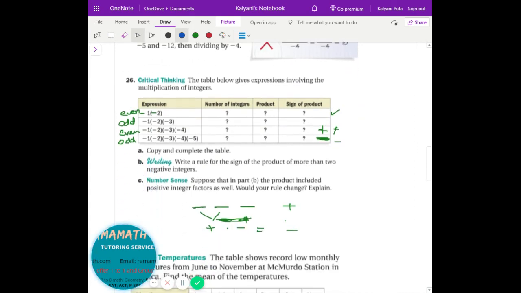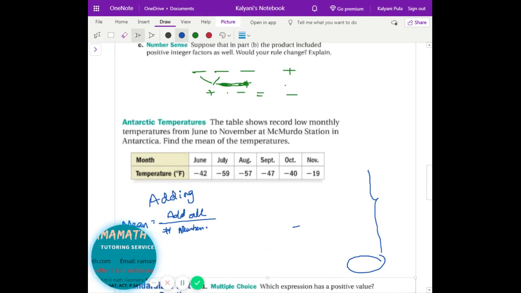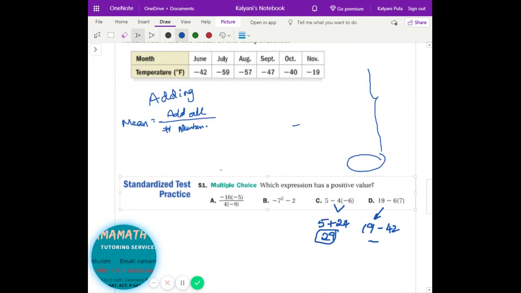We also had critical thinking questions, which are really important, like how many negatives make a positive and how many negatives make a negative. And we used it in mean, median, mode, and a little bit of geometry. And then we did a practice of these standardized tests too. Okay, that's good.